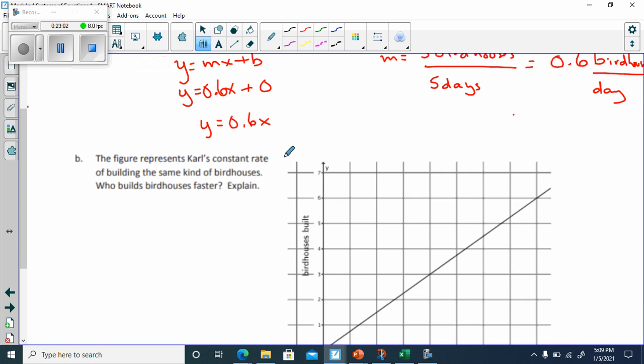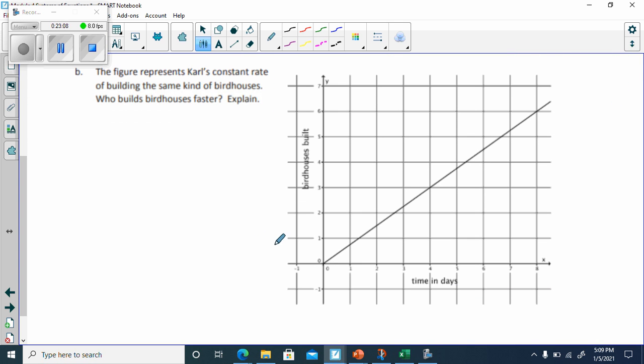Part B: the figure represents Carl's constant rate of building the same kind of birdhouse. Who builds birdhouses faster? So let's find his rate. Here's a good place. This says in 4 days, he builds 3 birdhouses. His rate would be rise over run, change in y over change in x.